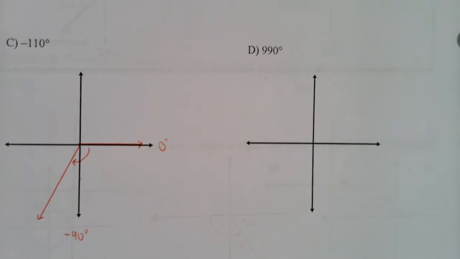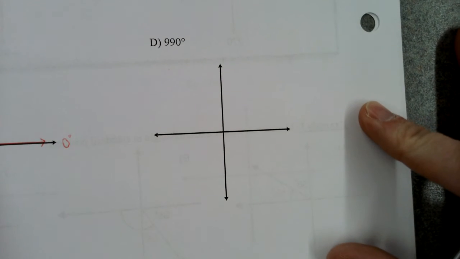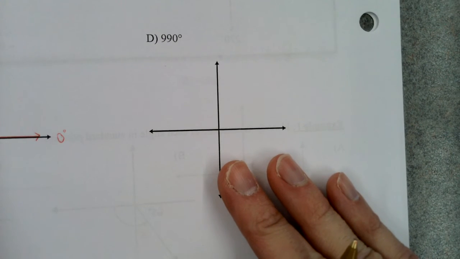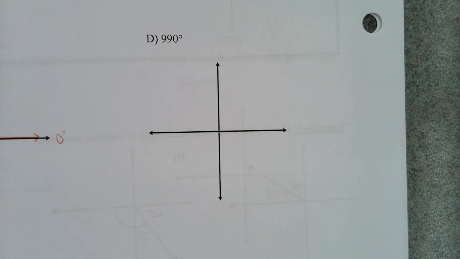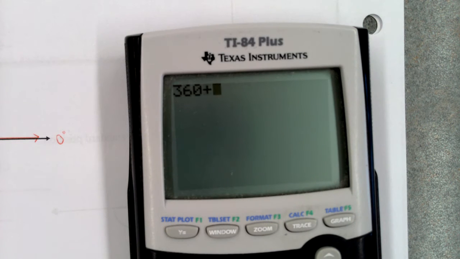Okay. Part D, sketch a 990-degree angle. Oh boy. Okay, so think about it like this. If I do 360 plus 360, that gives me 720.